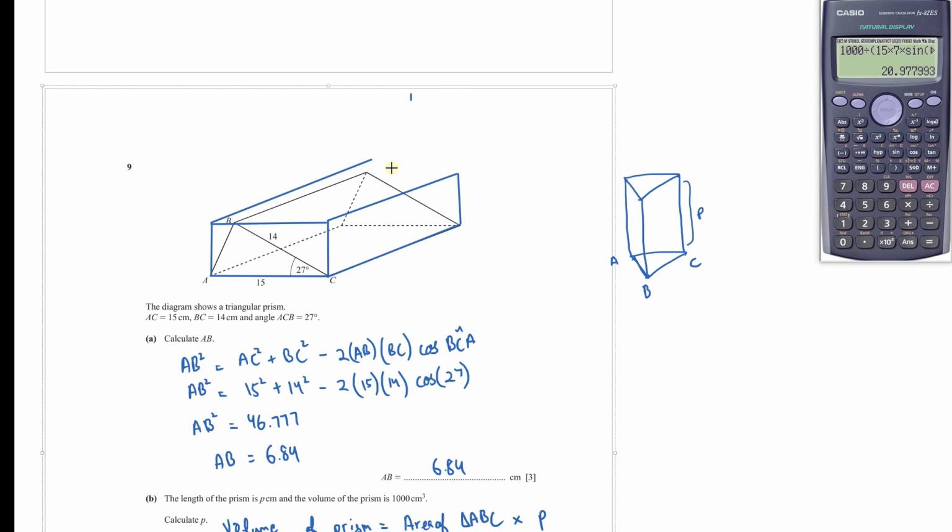And then the final line will be this one. So now this is your cuboid carton in which you are trying to fit this prism. So one side of the carton is 15, this side is P, and then this is the third dimension of the carton, which is H centimeters.